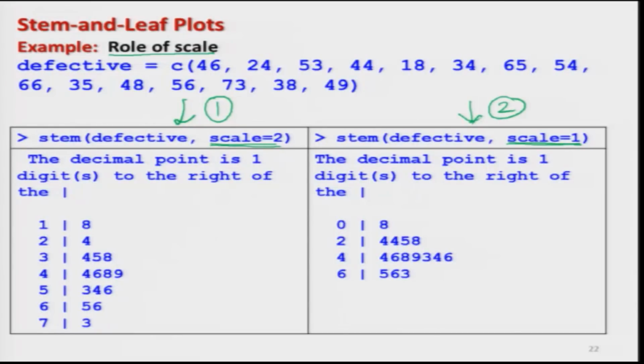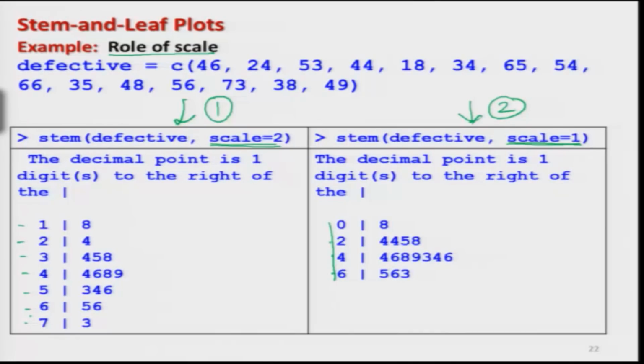You can see that there is a difference: here there are only 4 values, whereas here there are 7.